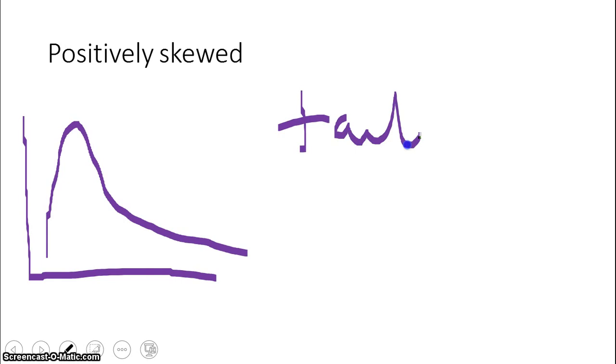Positively skewed. So positively skewed data has a tail to the right. So we've got a whole bunch of scores down the bottom and a tail to the right. Positively skewed, tail to positive side.